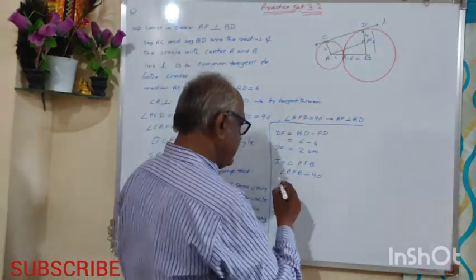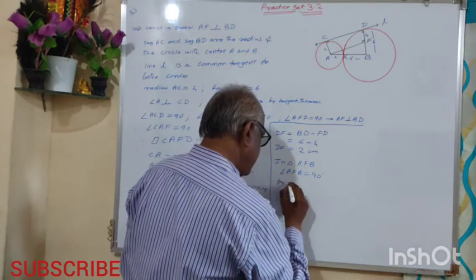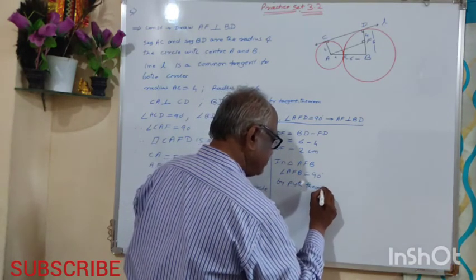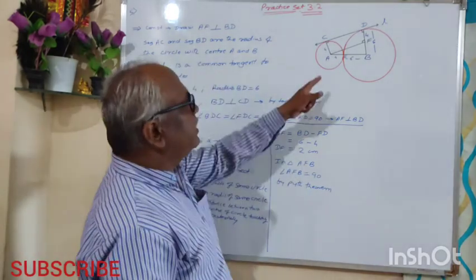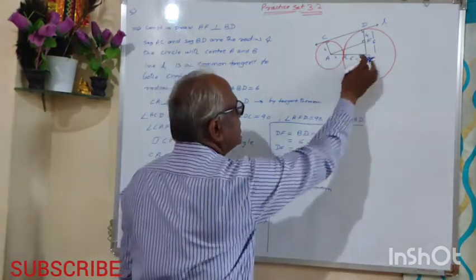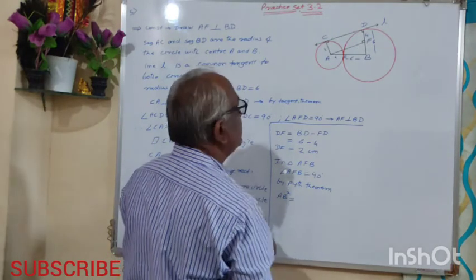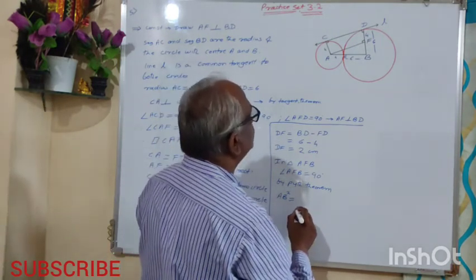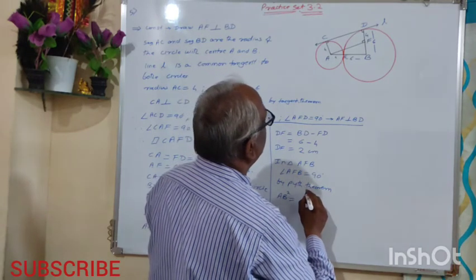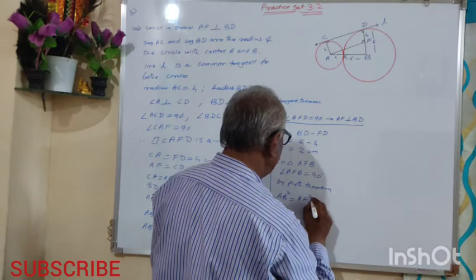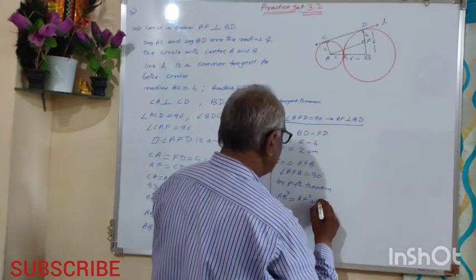Therefore by Pythagoras theorem, here hypotenuse is AB. AB square is equal to AF square plus BF square.